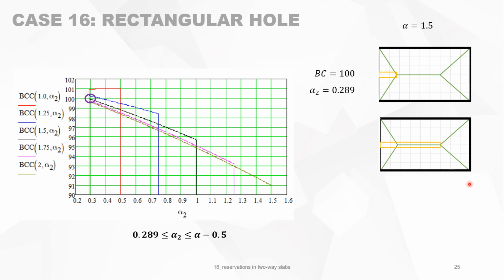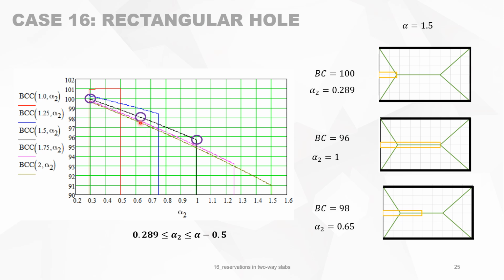Well, that's logical. Then on the right-hand side, the black curve, alpha 2 is equal to 1 because alpha is 1.5 minus 0.5 gives you 1 at this point. So that's where it breaks off. And the bearing capacity is 96%, because we have cut the yield line. The difference between 100 and 96% is almost negligible, but anyway, it's about the principle.